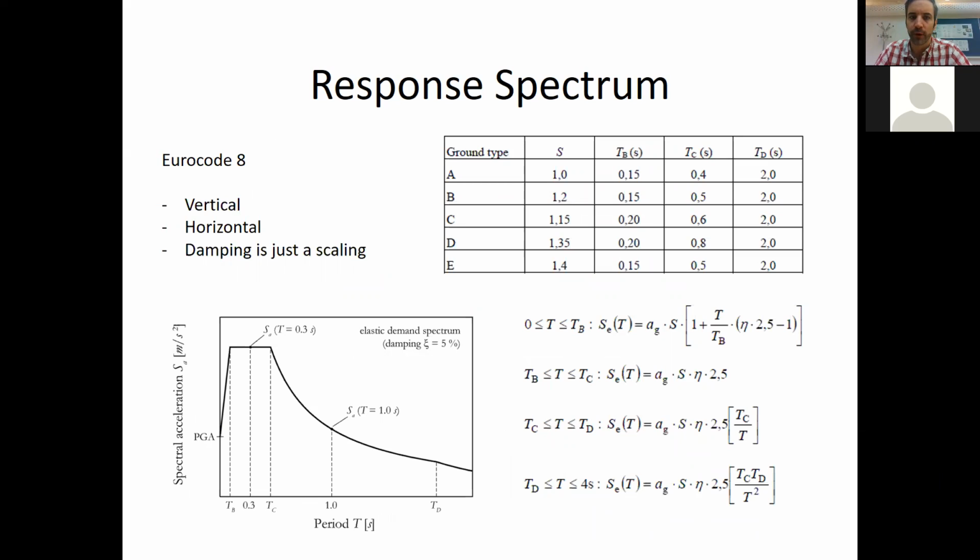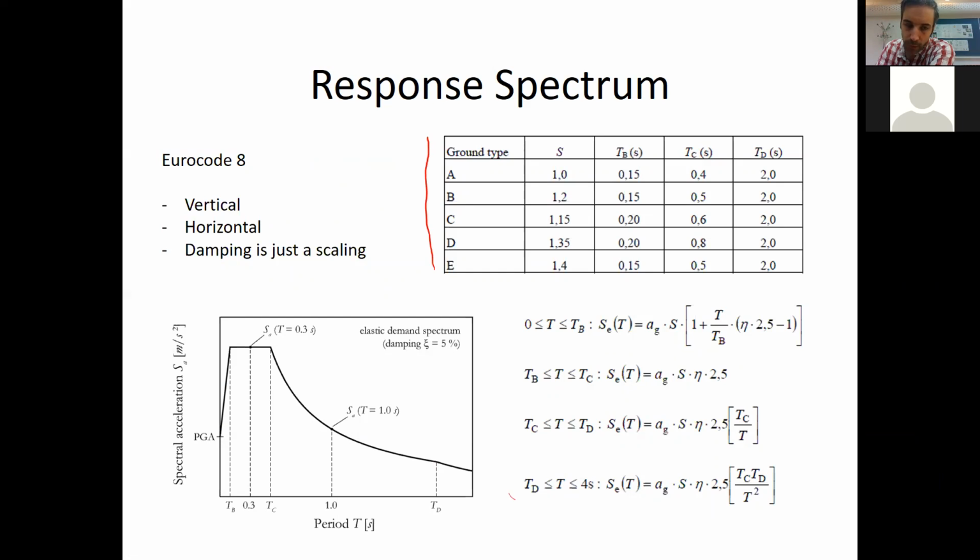But these curves that make up this spectrum have different constants which define these equations, and those constants are read from this table and are dependent on the type of soil.